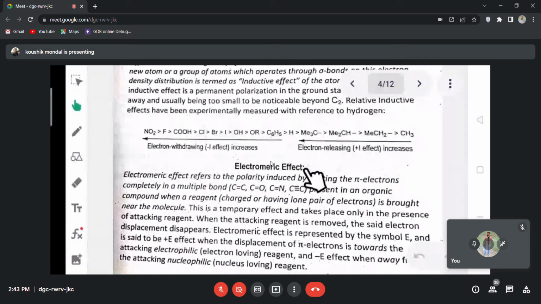I am coming to the electromeric effect in your next class, because this effect is needed when we are adding any substituent or any reaction is taking place. It is similar to the resonance effect; you can say the pi electron has been delocalized by means of a reaction.